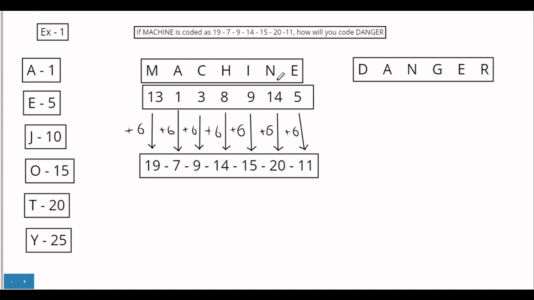So let's do the same for danger. For danger, it'll be D, which is 4, A1, N14, G7, E5, and R18.